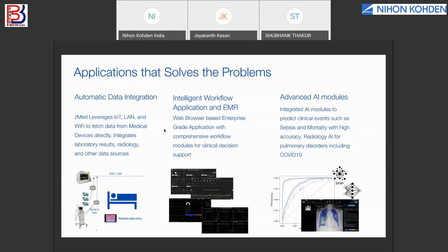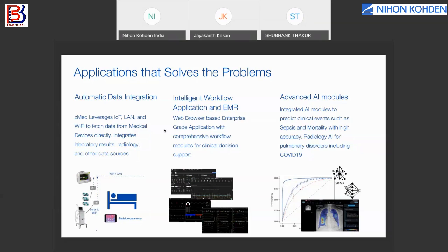And now where the entire world is moving towards, though it looks like a cliche when we talk about AI, everybody talks about AI, particularly from a clinical perspective, several things can be done using AI. Simple things like prediction of sepsis. We can predict sepsis 12 to 18 hours before actual onset of sepsis.